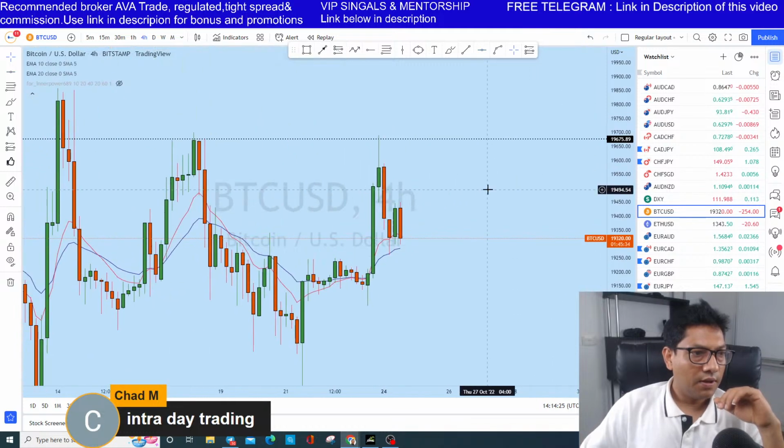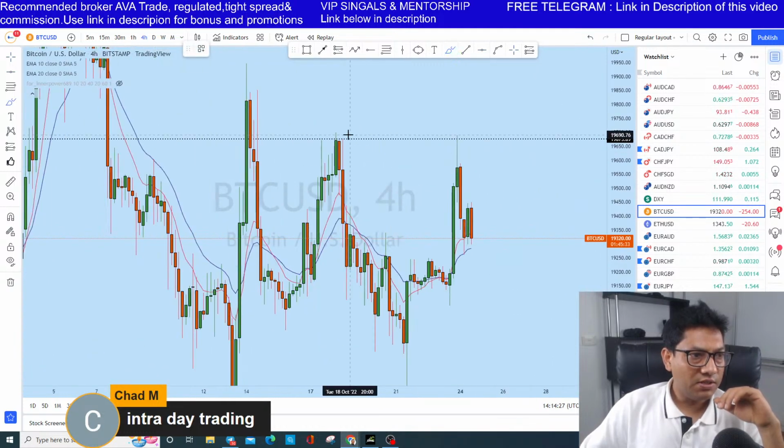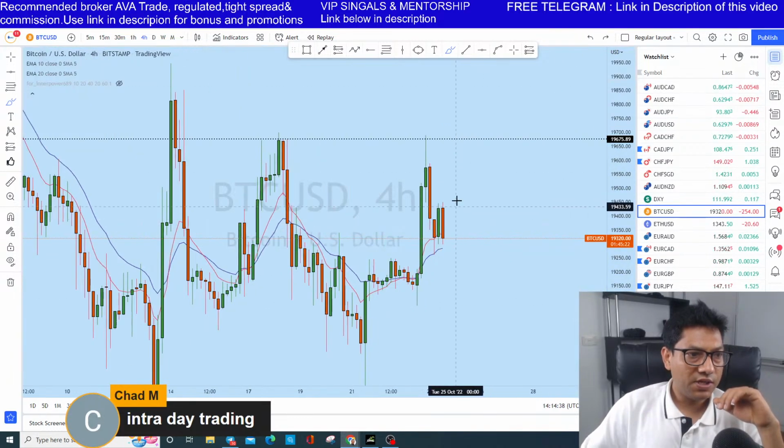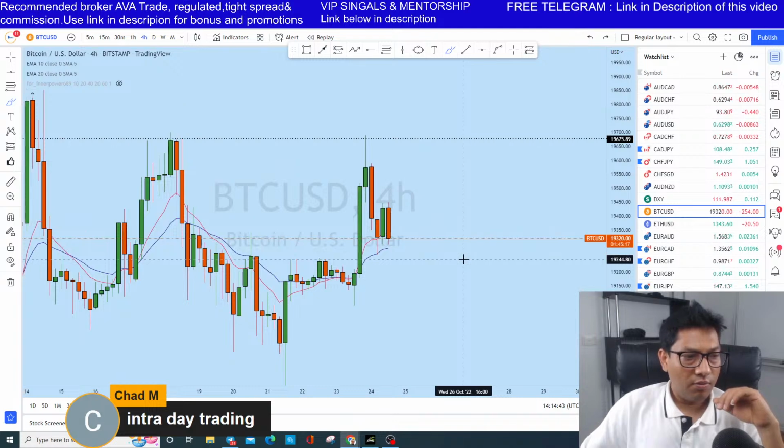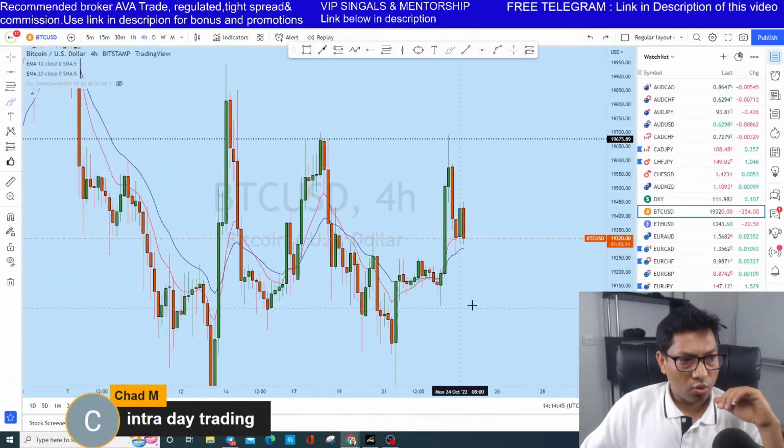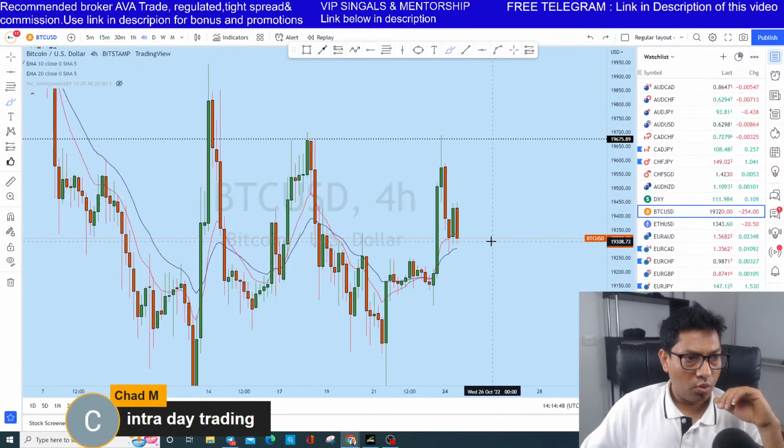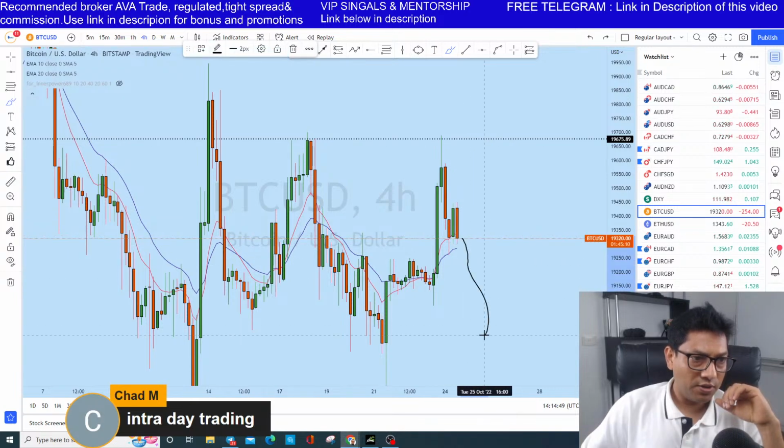From that resistance we have seen a strong rejection, and then this current candle is creating a bearish engulfer. With that close, we could see some movement to the downside.